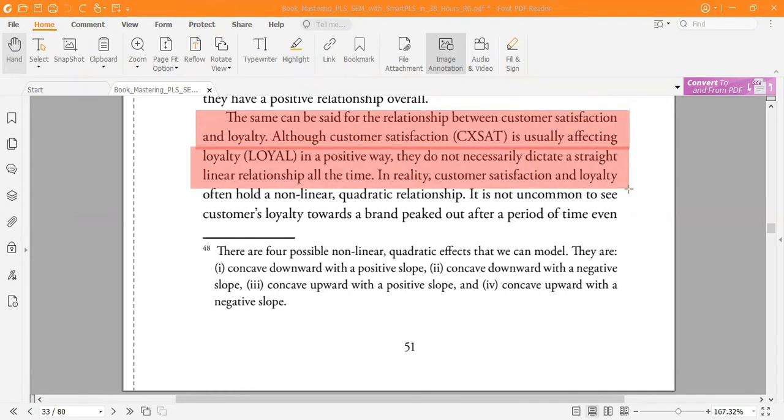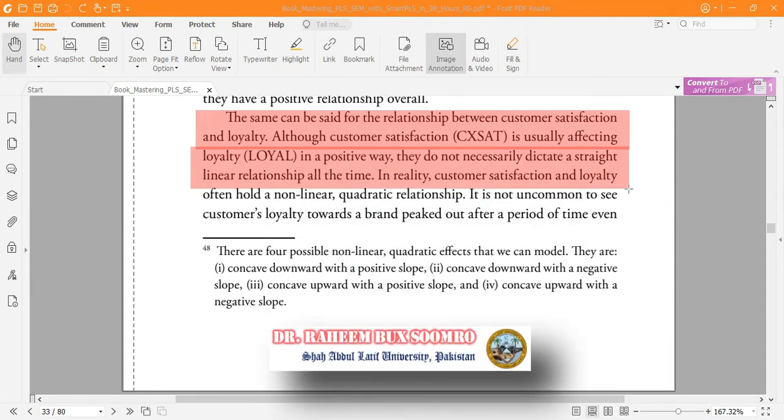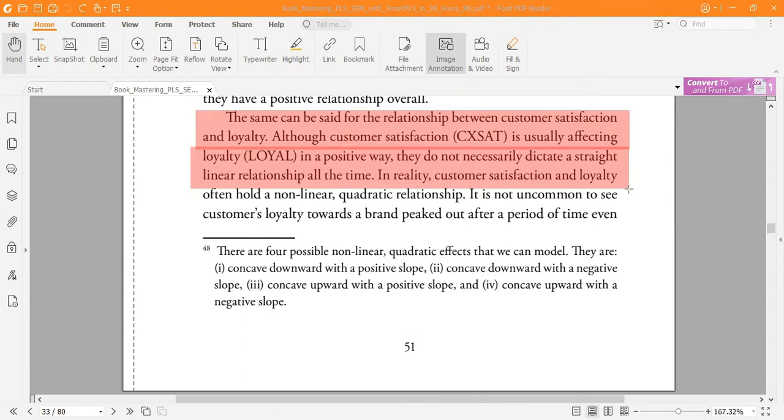All the time that customer will think about you, your products and your service in a positive way, but not necessarily will it translate into frequent visits of your customer to your restaurant. So in reality, customer satisfaction and loyalty often hold a non-linear, quadratic relationship. Okay, so often it holds a non-linear relationship.